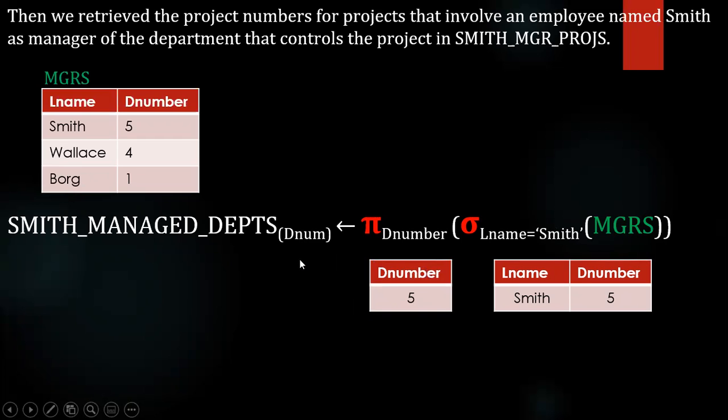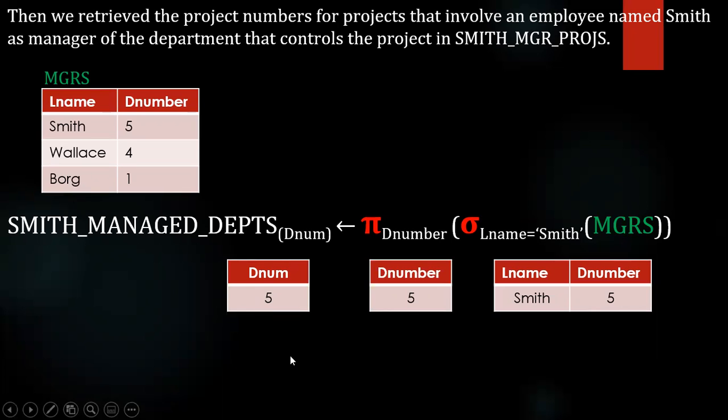So I will rename this to D num. Now this is the result. This indicates the department number is 5, where Smith is working as a manager. So we rename this as Smith underscore manage department, Smith managing the department number 5.